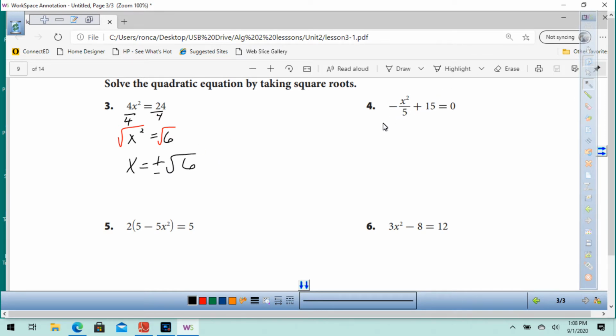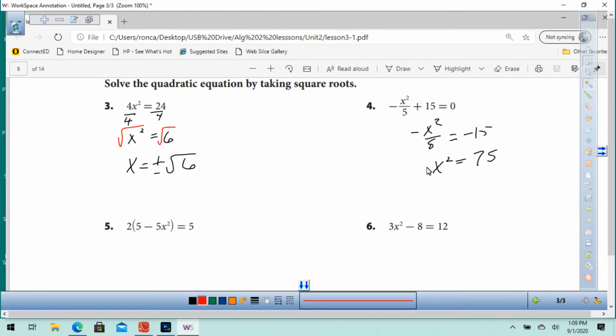Well, let's try number 4. Start off by subtracting 15 from both sides, and you've got negative x squared over 5 equals negative 15. Multiply both sides by negative 5, and you get x squared equals positive 75.